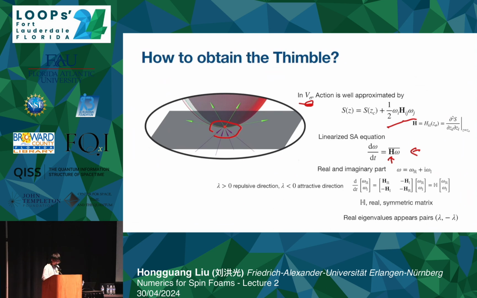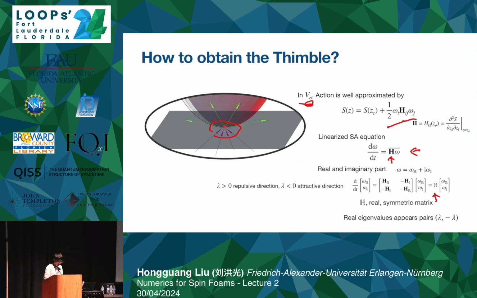And the Hessian matrix, we write it as a complex matrix, because at the critical point it's complex. So we write the real and imaginary part, and we can write out the eigenvectors of the Hessian matrix. And it turns out we always have an even number because we have the real and the imaginary part. It turns out we have n directions.